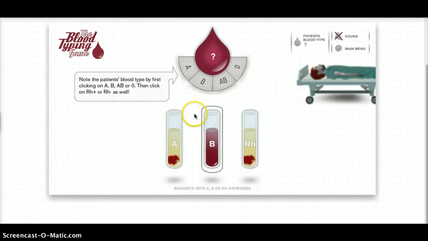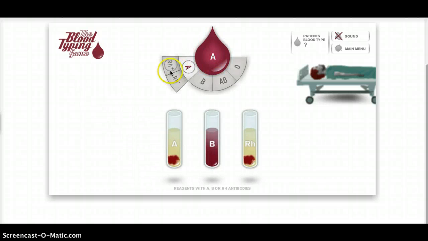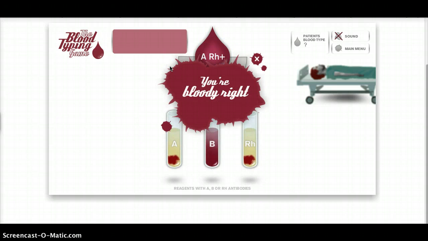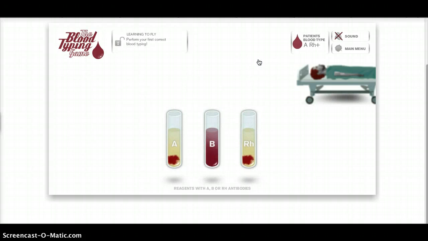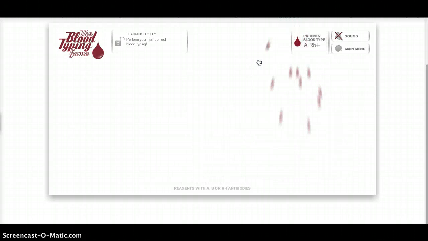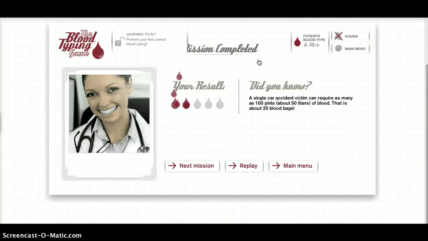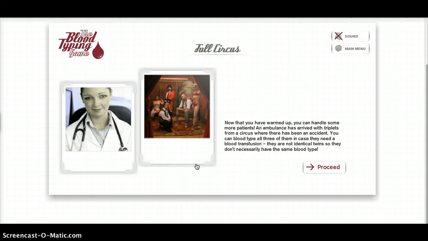This indicates that the patient is A positive. And this gives them feedback that they are correct. Now they can move on to the next mission. They're given their result, and they're also given a little bit of information about blood. They can replay this same mission, or they can select the next mission.